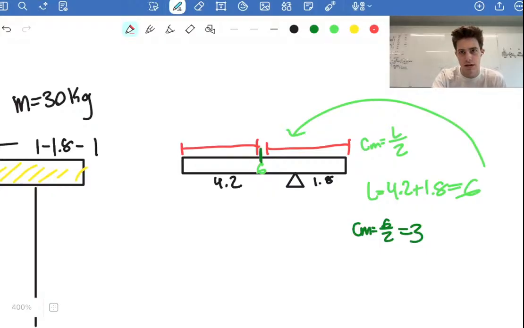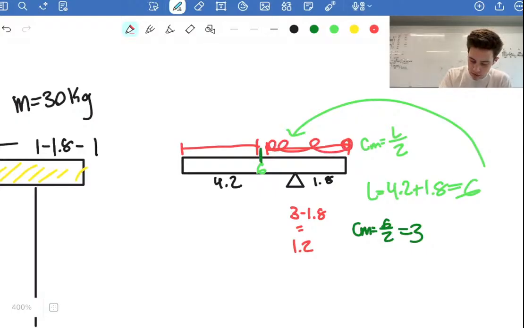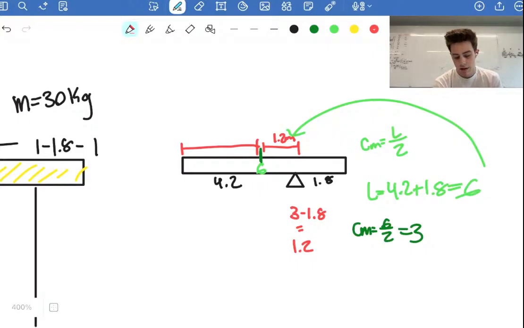Sorry, that makes no sense. But on this side you have 3 minus 1.8, and that'll give you how far away it is. So it's 1.2 meters away from the pivot, that way, for that weight. So that's all we actually need to know.